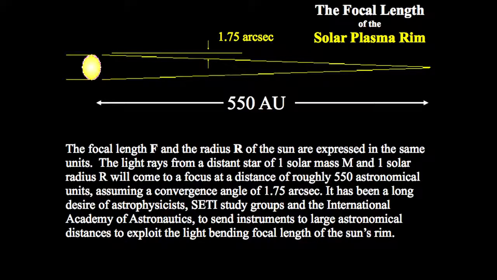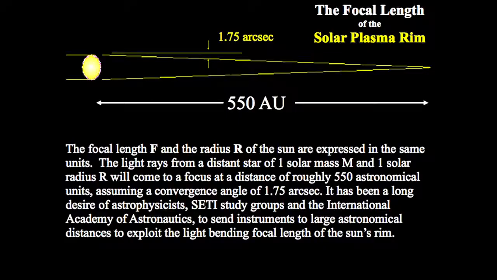Going back again to what we talked about, if the sun bends light rays, it has always been the dream of some astrophysicists to take a spacecraft and travel out into deep space and find a point where the sun bends light rays and they come to a point. It turns out that if you take the 1.75 arcseconds at the radius of the sun and go out beyond, you should go at least 550 astronomical units.